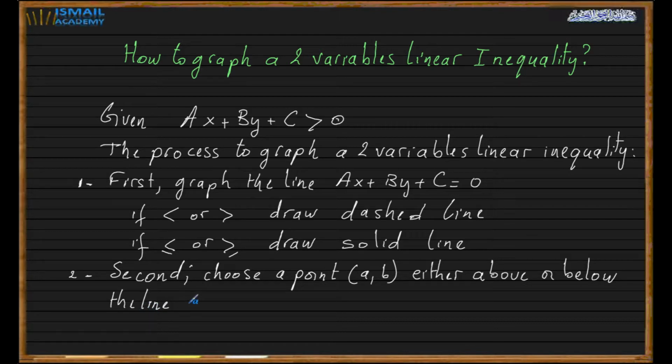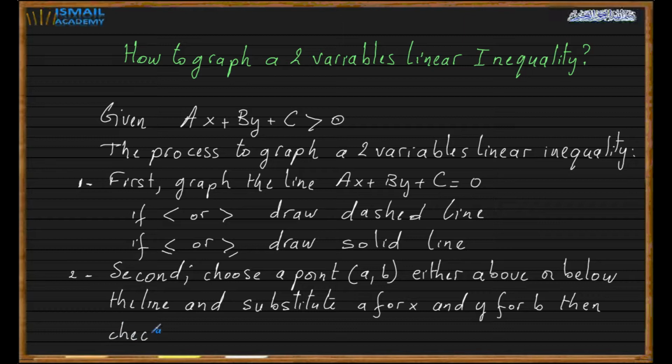After you choose that point, substitute a for x and b for y in the two variable linear inequality, and then check the inequality to see if it's true or false.